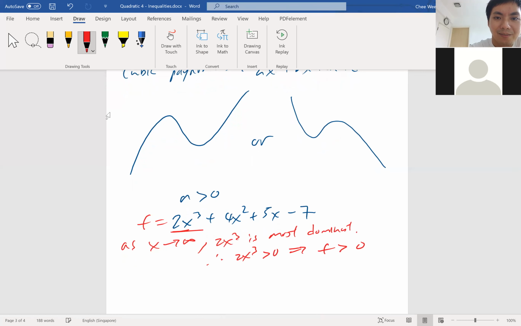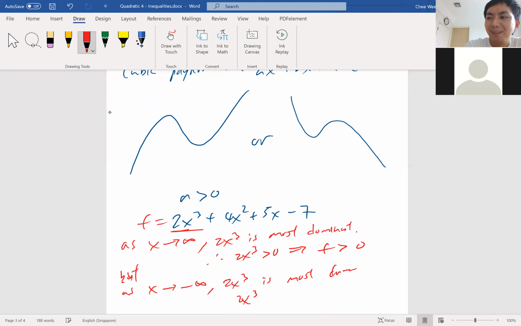Get it? But as x goes to negative infinity, 2x cubed is still the most dominant term, right? But in this case, is 2x cubed positive or negative? It's actually negative, and hence f must be negative.